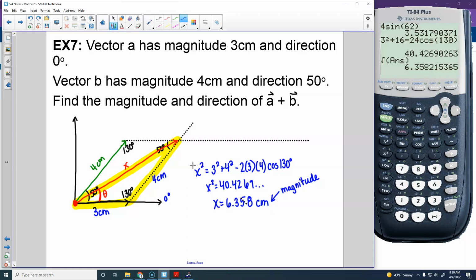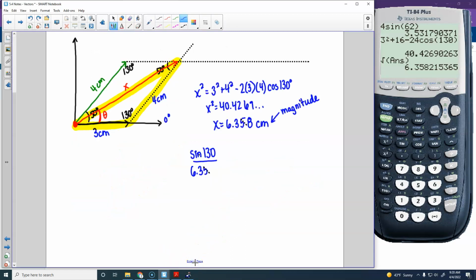I guess you could also set up law of cosines if you prefer it. But I think I'll do law of sines. So I will have sine of 130 over the side that we just found, 6.358, equals sine of theta over 4.